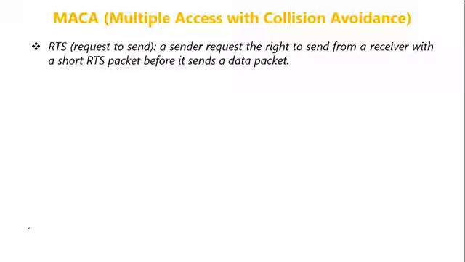Whenever a sender wants to communicate with a receiver, he will not directly send the data. It is not that he will just sense the carrier, and if the carrier is free, send the data. No, it is not like that. Before the actual communication, the sender will first send an RTS to the receiver, requesting that he wants to communicate for a certain amount of time.